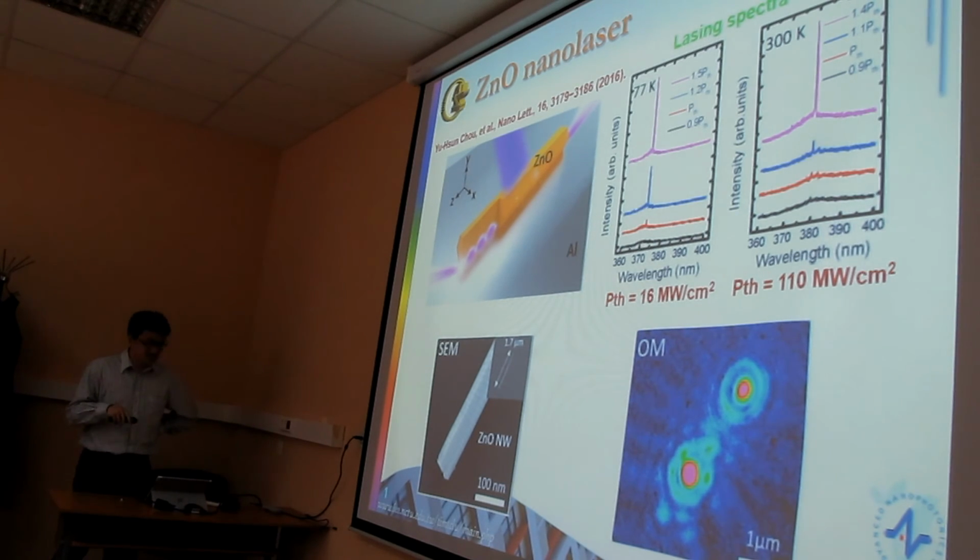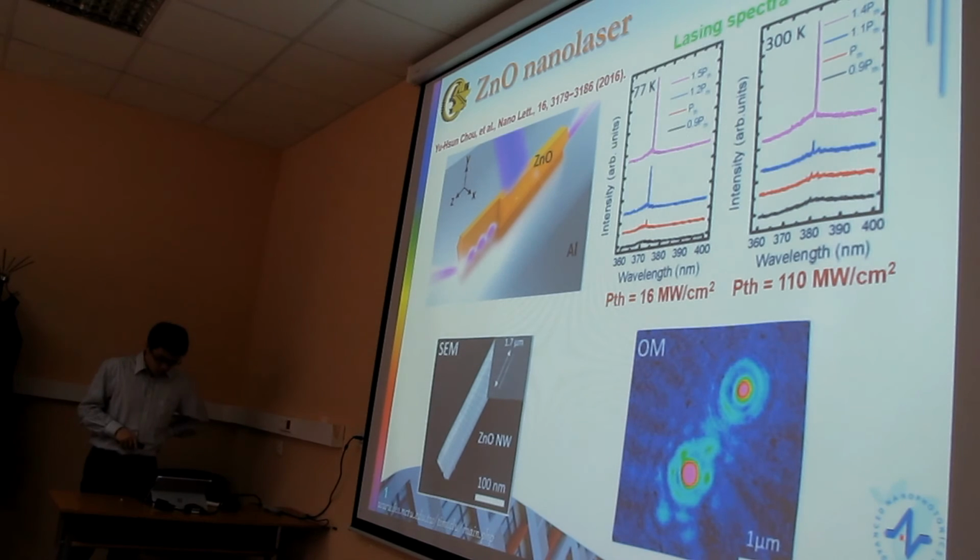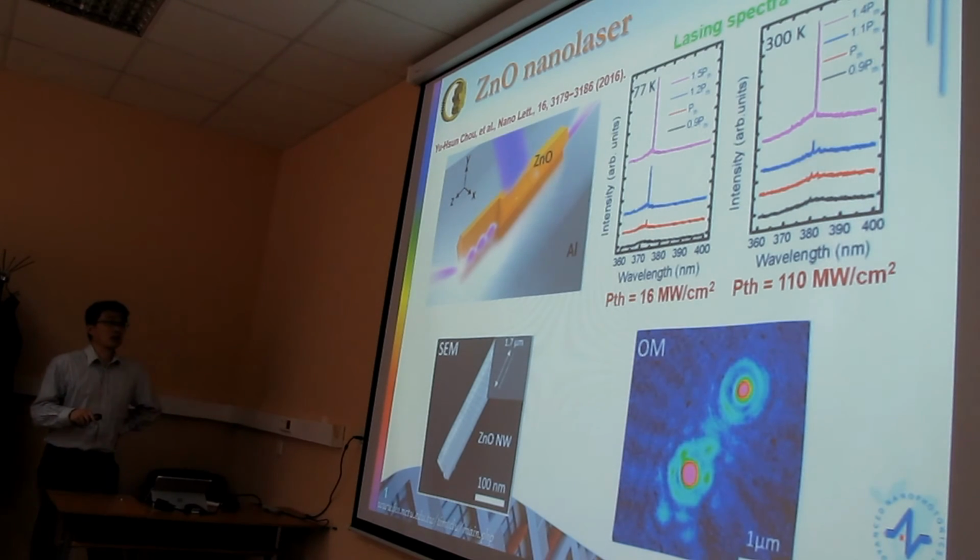In a metal plasmonic waveguide, the optical energy can be stored in an ultra small region. In this study, we show the lasing spectrum to demonstrate that our InGaAs nanolaser can operate at room temperature.